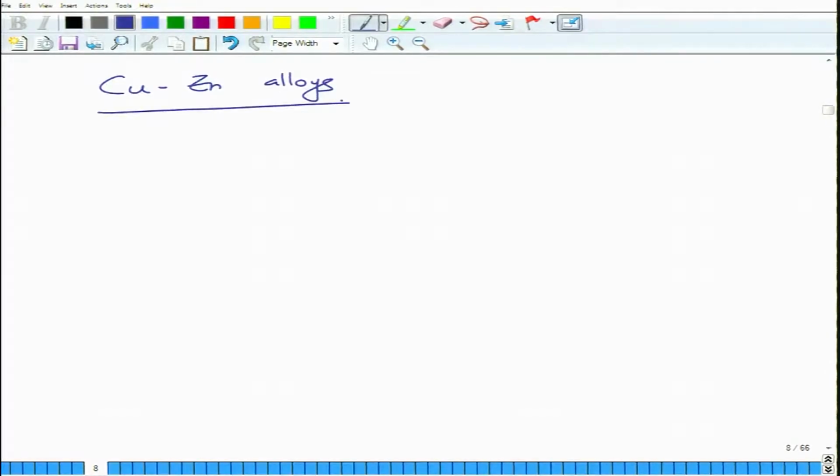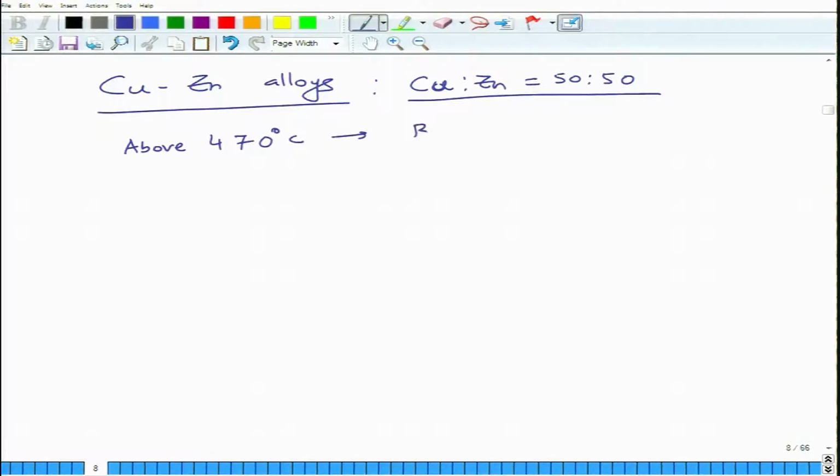Now, this is with the Cu to Zn ratio of 50:50. Okay. So, above 470 degree centigrade or so, it makes a BCC structure.